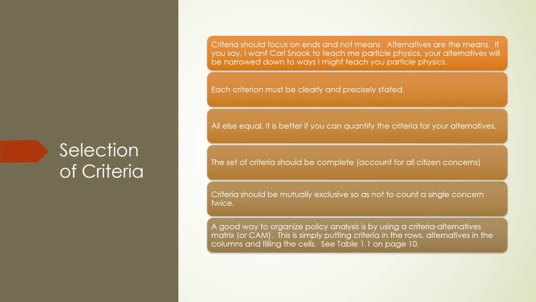Anybody's concerns that you leave out, well, to whatever extent that person is able to make a nuisance of themselves, it will harm your ability to sell your alternative. Criteria should be mutually exclusive so as not to count a single concern twice.